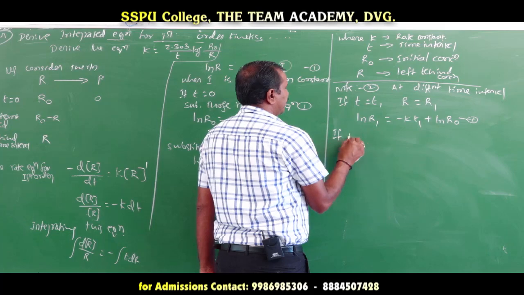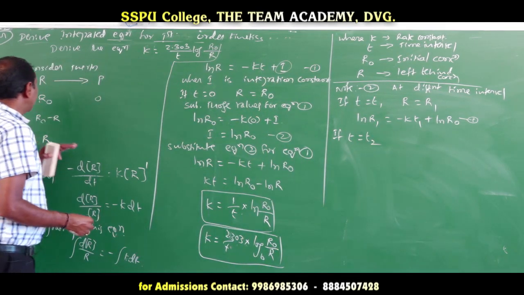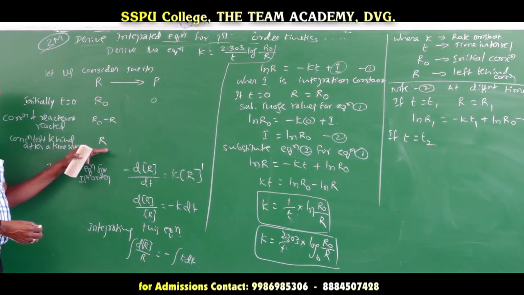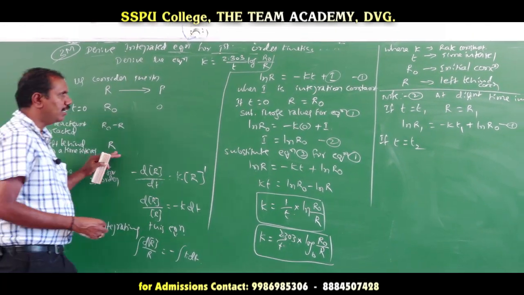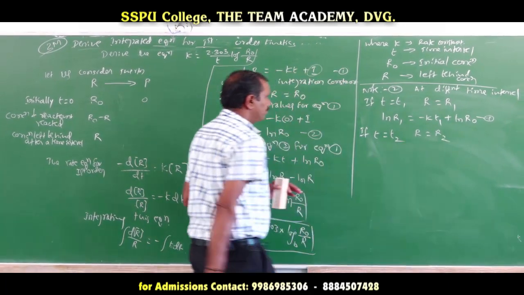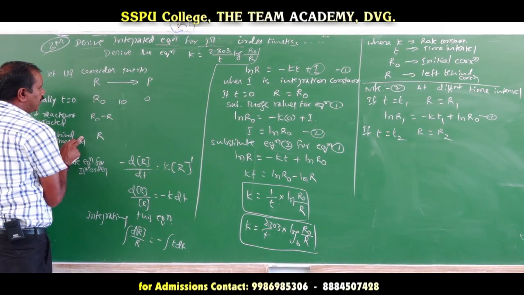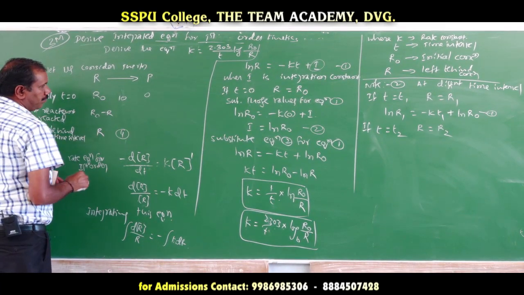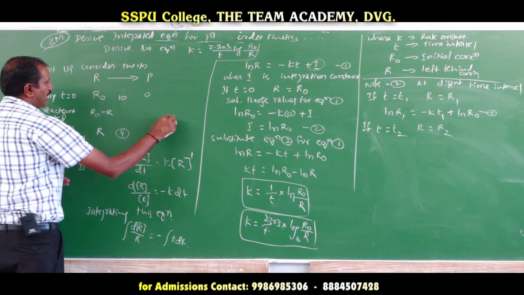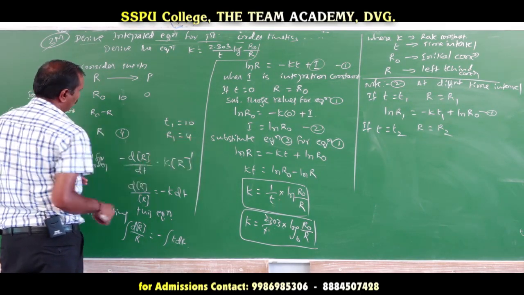So, if time becomes T2, meaning instead of the 10th minute we calculate at the 20th minute, then the left-hand concentration of R becomes R2. If there are 10 moles, after 10 minutes the concentration is 4. When T1 is 10, R1 becomes 4.